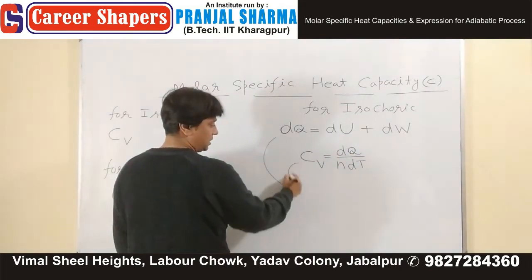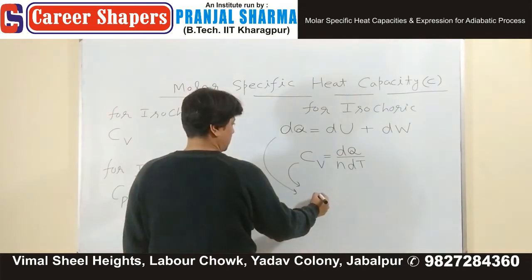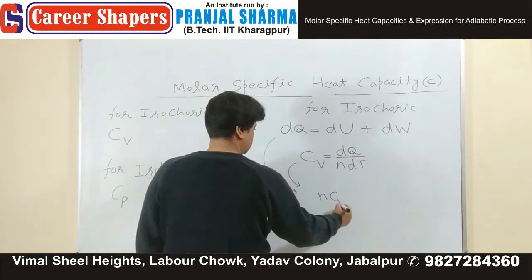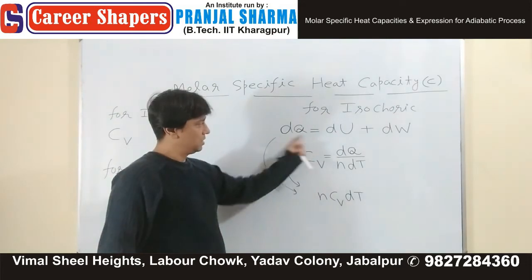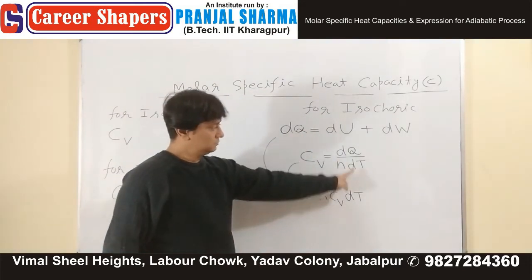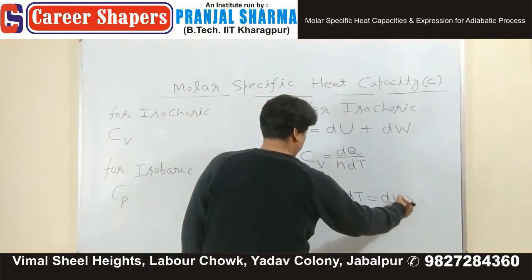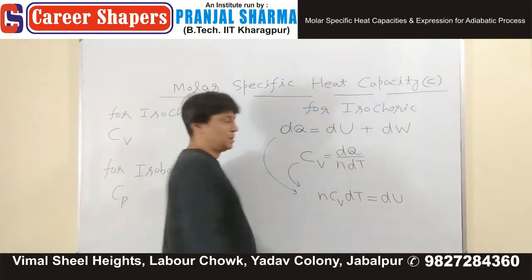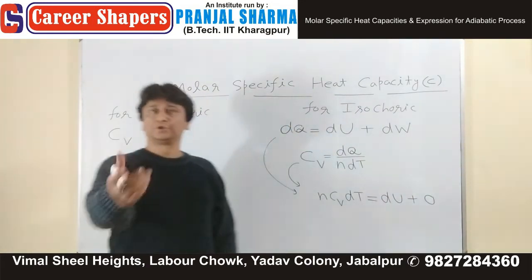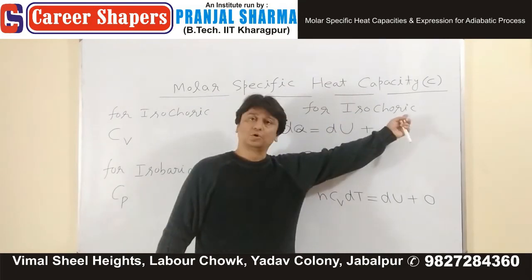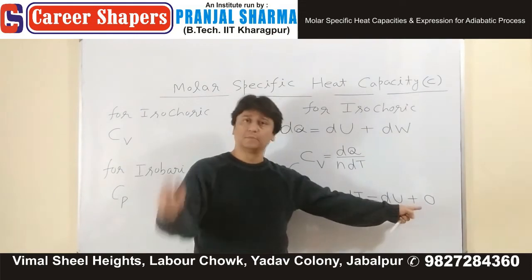This and this, it becomes n CV dt equals to du plus dw, which is 0. Isochoric volume is constant. dw becomes what? 0.